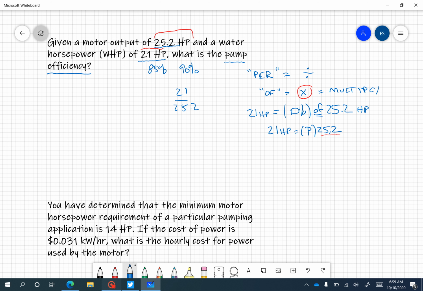So it winds up looking like this. 21 horsepower divided by 25.2 equals P times 25.2 divided by 25.2. And then, because these are the same in the numerator and the denominator, we can cancel those out, and we wind up with P equals 21 over 25.2.